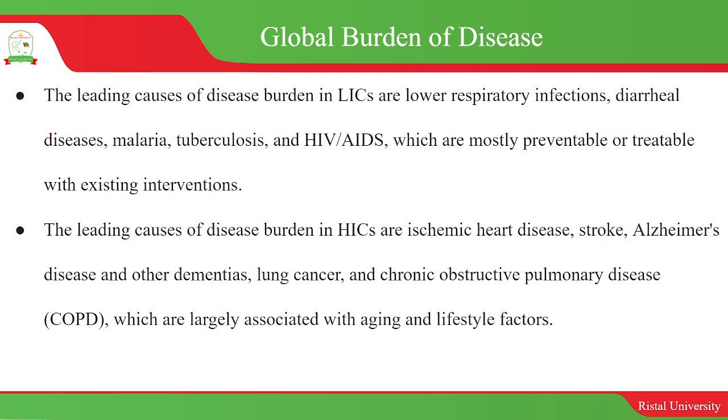Whereas high income countries have conditions such as ischemic heart disease, stroke, Alzheimer's and dementia, lung cancer, and chronic pulmonary disease. Okay, these are basically diseases that are associated with aging and also lifestyle.